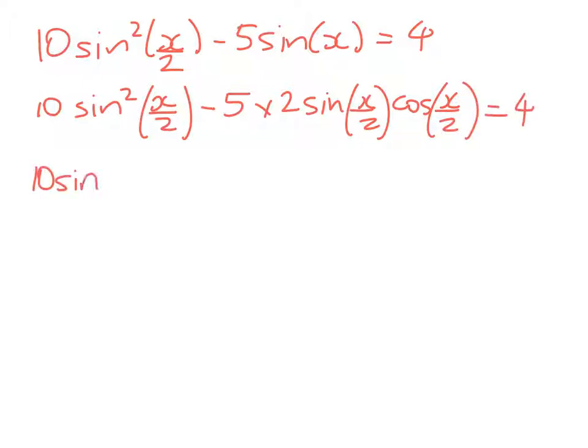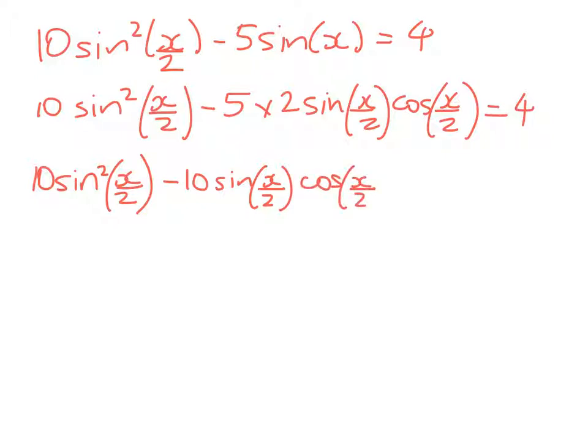Now I'll just clean up what we've got here. You can see a factor starting to come of sine of x on 2, and we've got a cos of x on 2 in there as well. So looking ahead, I need to form a quadratic, but I've now got this cos of x on 2 popped in, and I've still got 4 sitting over here.